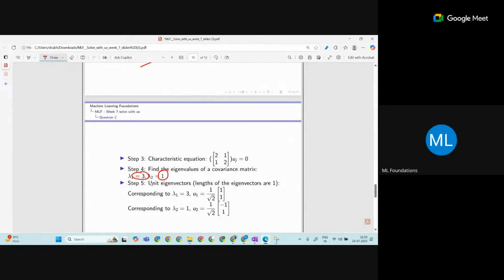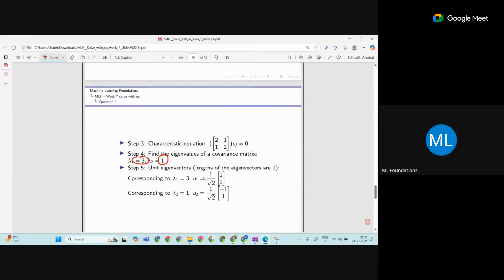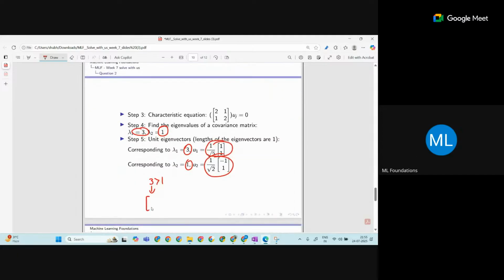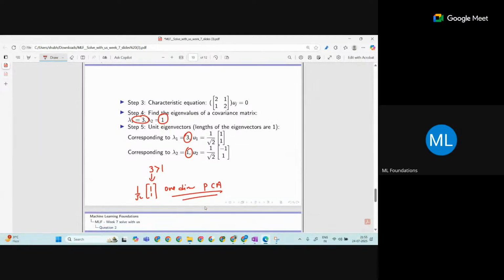You can verify it. Then the corresponding eigenvectors are this one and this one. This is 3 and this is 1, so 3 is greater than 1. The corresponding eigenvector is 1 upon root 2 times (1, 1), which is your one-dimensional PCA. This is your principal component.